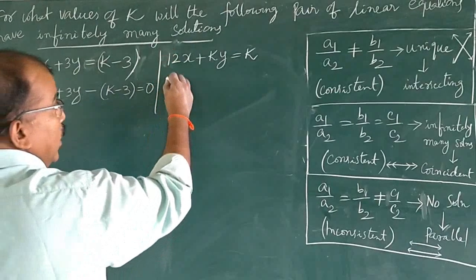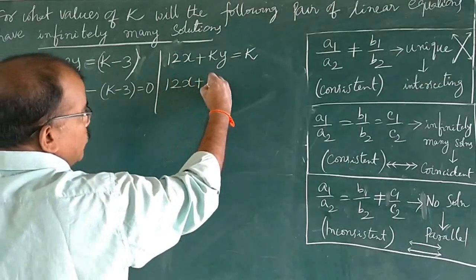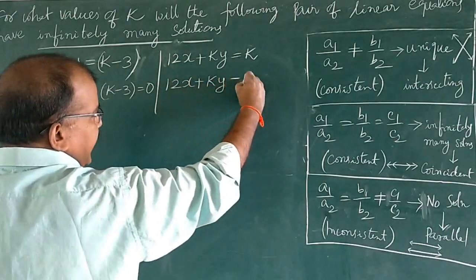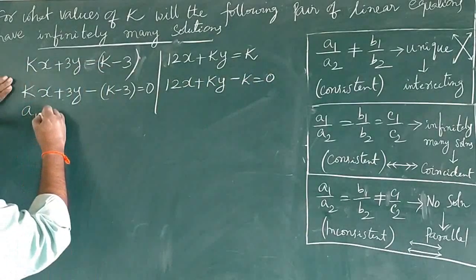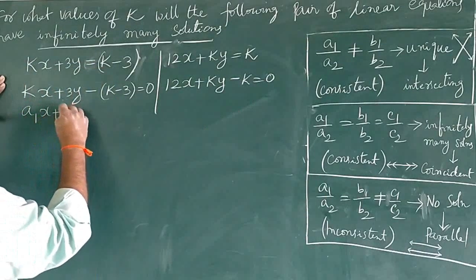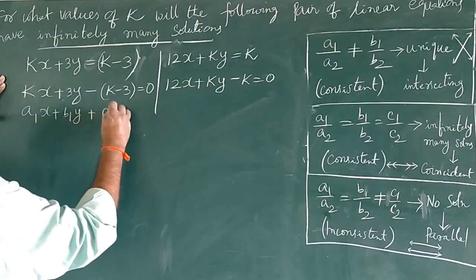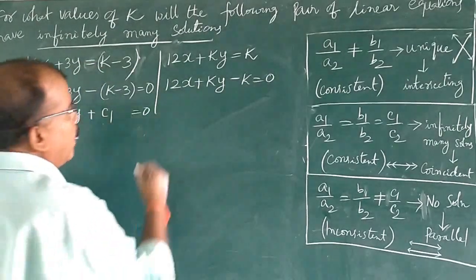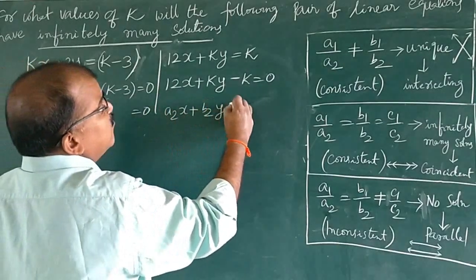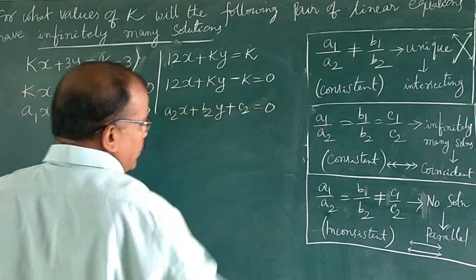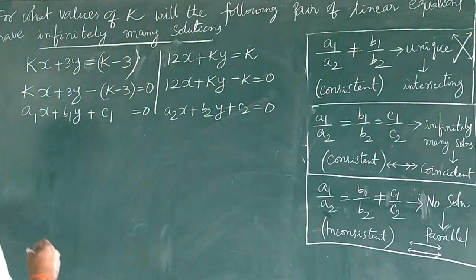Now here, 12x plus ky minus k is equal to 0. Compare with a1 x plus b1 y plus c1 is equal to 0 and a2 x plus b2 y plus c2 is equal to 0.